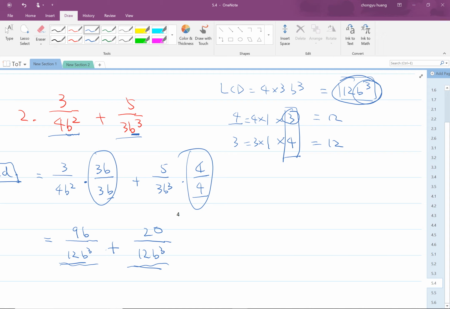Okay. So now you can see we have 12b to the power 3, and on the top we have 9b plus 20, right? So on the top we are actually doing addition. So we have 9b plus 20, okay? And then you take a final look. Is there anything you can simplify?